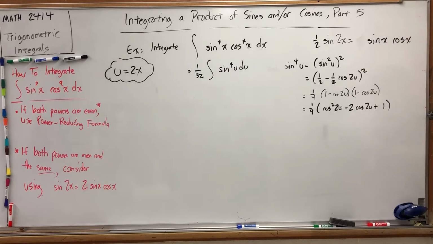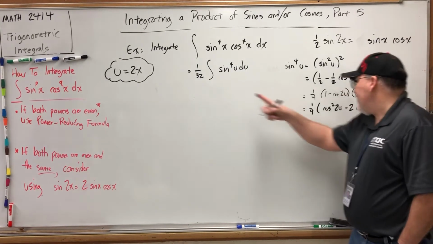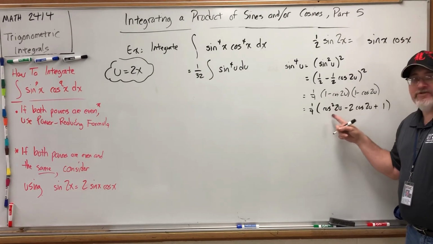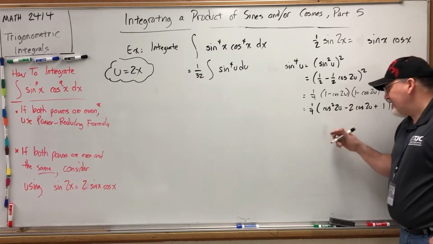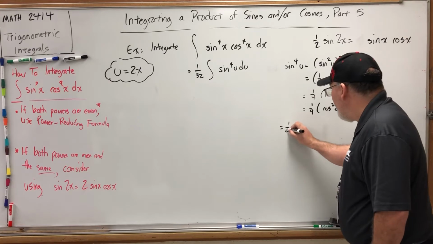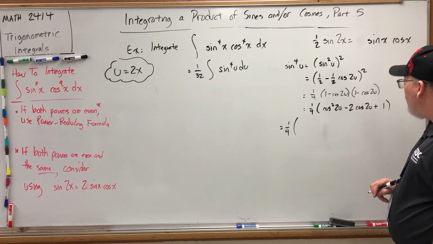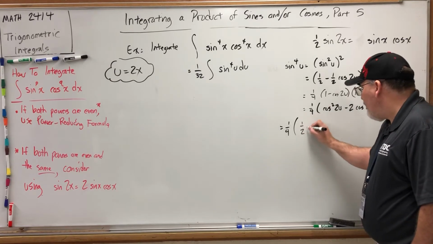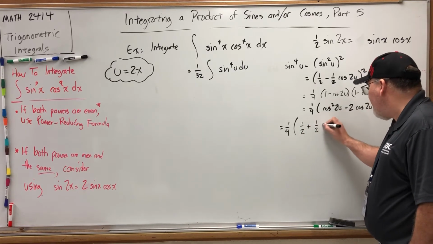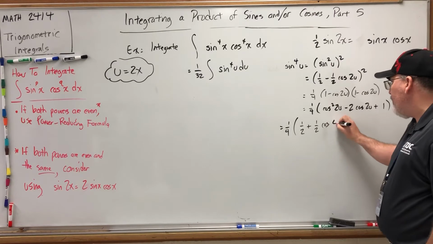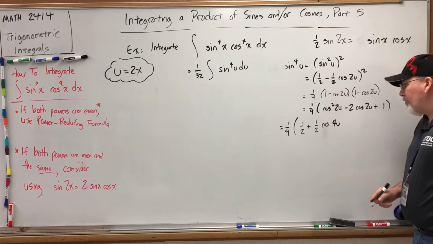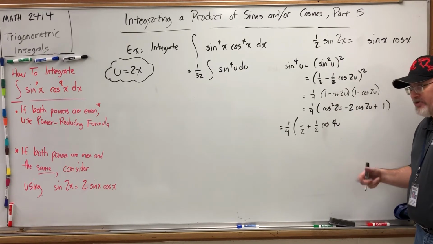But we're not out of the woods yet, because we still will have an integral of an even power, and so now we have to use the power reducing formula on this guy. 1/4. All right, cosine squared of 2u will be 1/2 plus 1/2 cosine of 4u. Remember, the power reducing formula lowers the power, but it also doubles the argument.